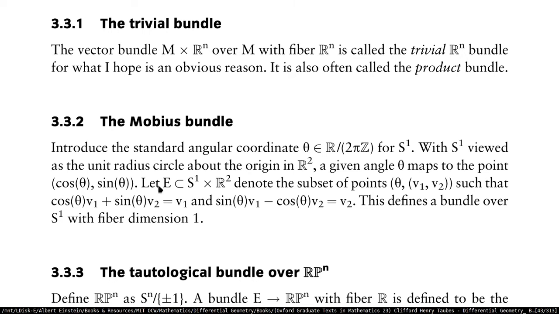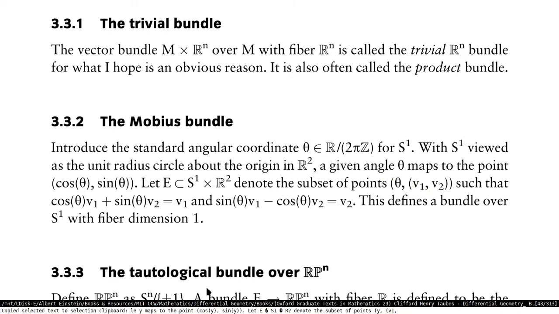So if you take E to be some submanifold in S1 cross R2, and you denote the subset of points theta with V1, V2, such that cosine theta times V1 plus sine theta times V2 is equal to V1, and the other way around, sine theta times V1 minus cosine theta times V2 is equal to V2. That's how you define this. And this actually defines a bundle over S1 with fiber dimension 1.